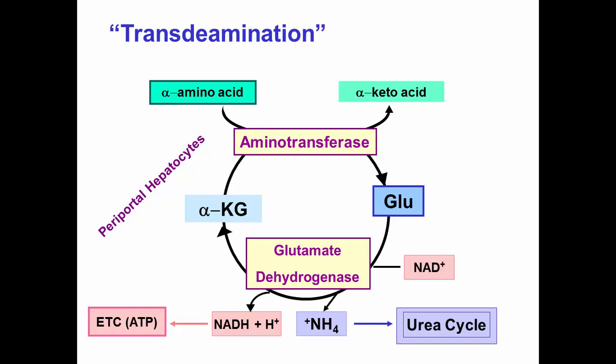The cells that are right around the portal veins. This is a very efficient extraction process. That's important as well. And we're in the mitochondria, and the first two steps of the urea cycle happen in the mitochondria as well. And that energy is helpful to have around so we can have that available for the urea cycle, the first two steps that require some energy. Any questions so far?